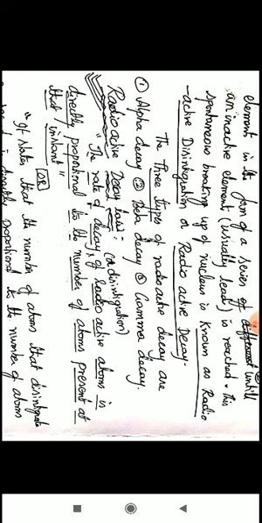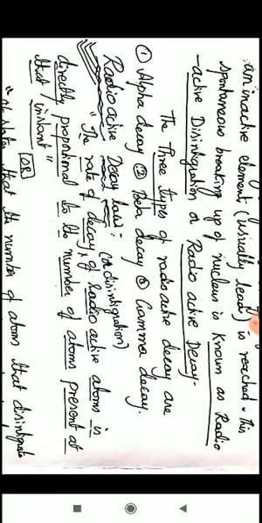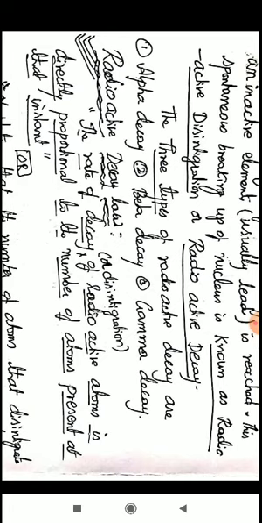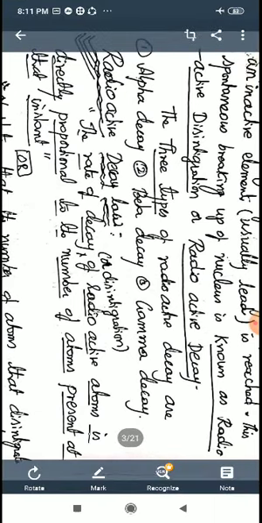This spontaneous breaking up of nucleus is known as radioactive disintegration or radioactive decay. We have three types of radioactive decay: alpha decay, beta decay, and gamma decay.